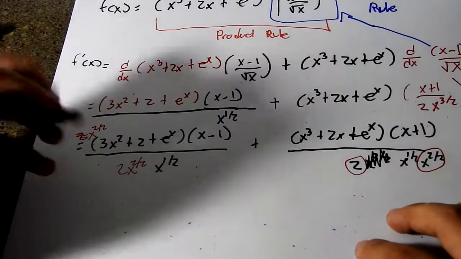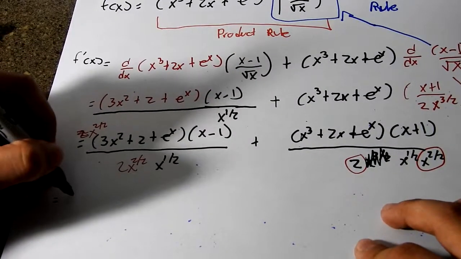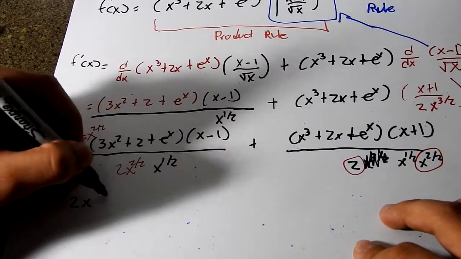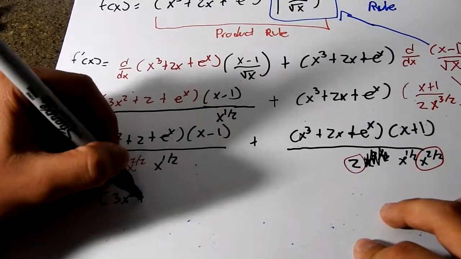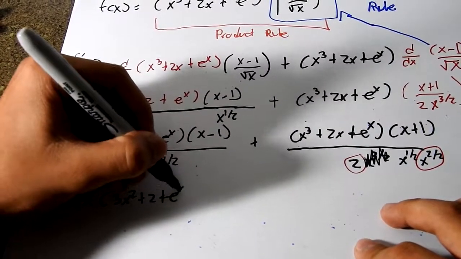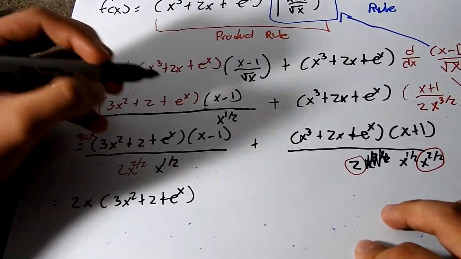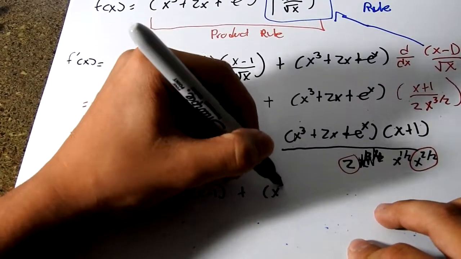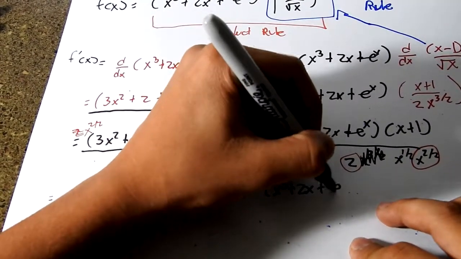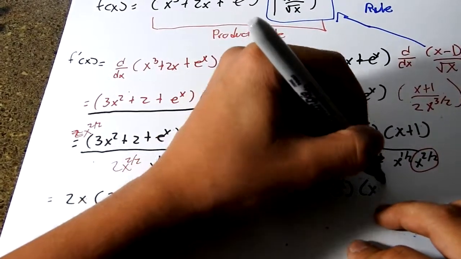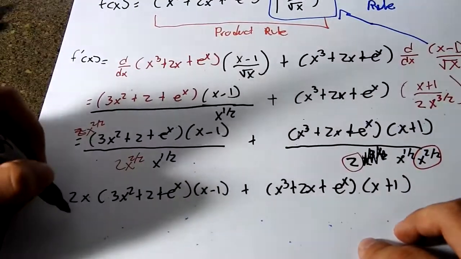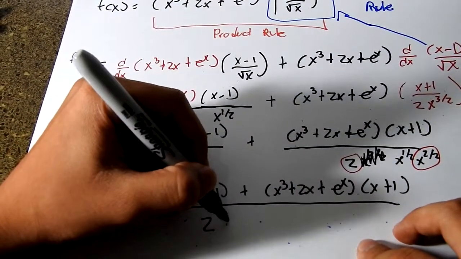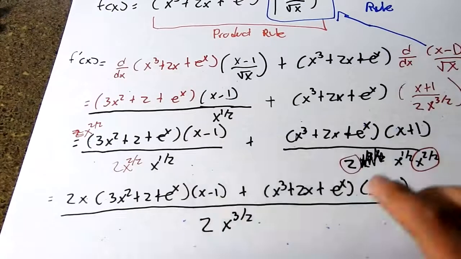So here in the numerator we're gonna have 2x to the 2 over 2, 2 over 2 is 1, times 3x squared plus 2 plus e to the x times x minus 1 plus x to the third plus 2x plus e to the x times x plus 1. And then all of this over the same denominator of 2x to the 3 halves.